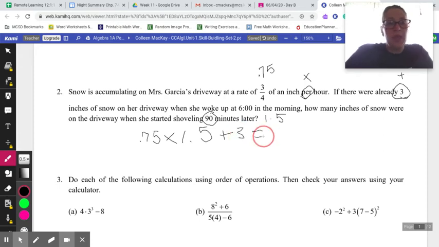Okay, and get my trusty calculator, and I'm going to do 0.75 times 1.5 plus 3, which is 4.125. So that's how many inches of snow there were 90 minutes later.